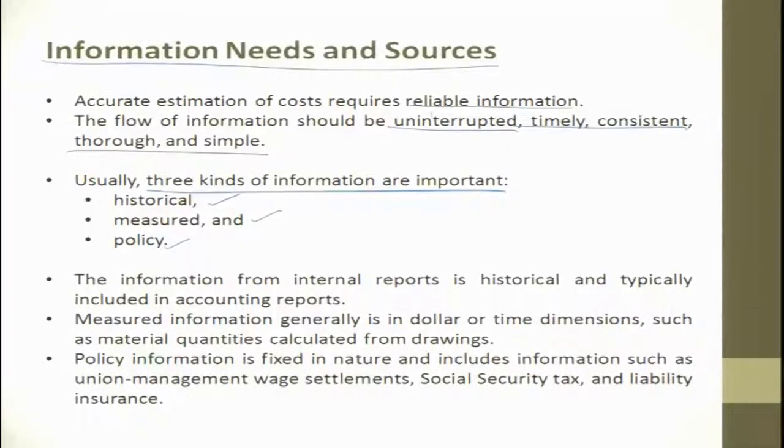Policy information is fixed in nature and includes information such as union management, wage settlement, social security tax, liability insurance, etc. For example, every year there is a government policy revising the minimum wage for daily wage workers, and in India two systems are followed: central government minimum wages and state government minimum wages.